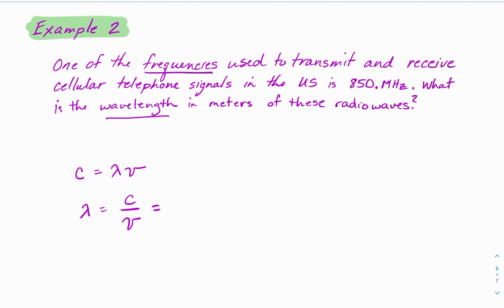And we'll plug in our values. We know the speed of light is 2.99 times 10 to the 8th meters per second. But our frequency is kind of in a weird unit. It's megahertz. So we know hertz is the per seconds. This must mean mega per seconds. So we need to convert mega back to just regular per seconds.